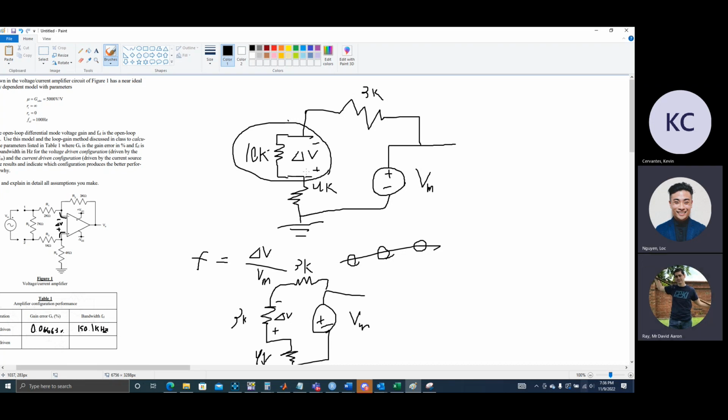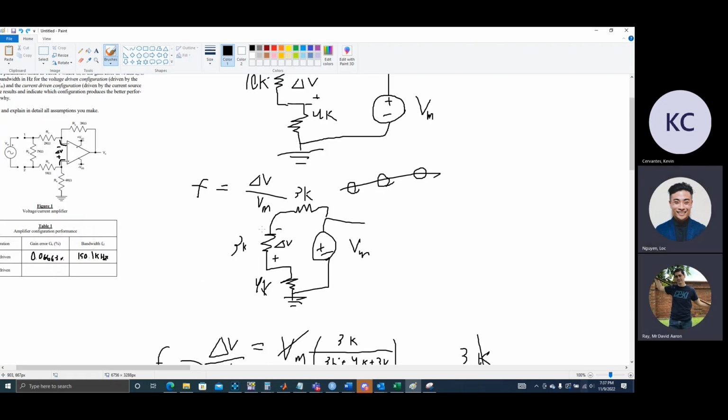That's your voltage divider: the ones you want over everything. Just the same way as the previous F, where we did a voltage divider and excluded the resistor when adding up the two resistances.